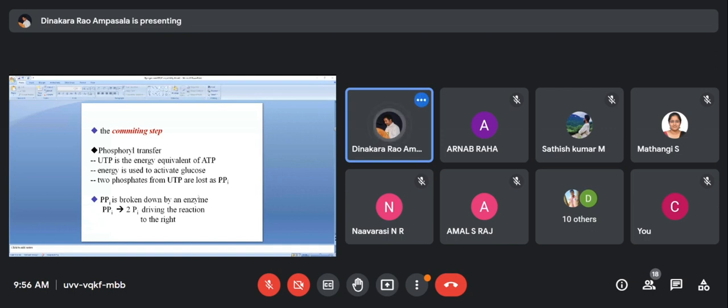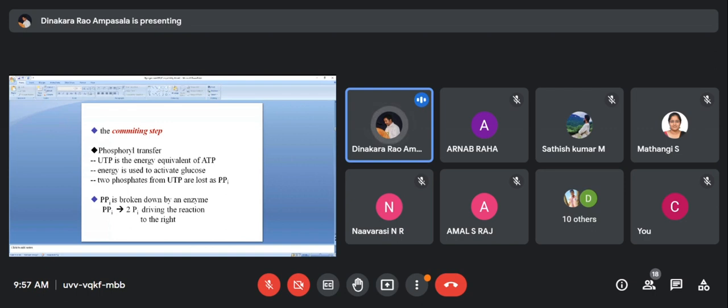Phosphoryl transfer is there, and UDP is equal to ADP, an energy-rich molecule. Energy is liberated and used to activate the glucose. Two phosphates are lost as pyrophosphate, which is then broken down into inorganic phosphate inside the cell. This is the committed step in glycogen synthesis.